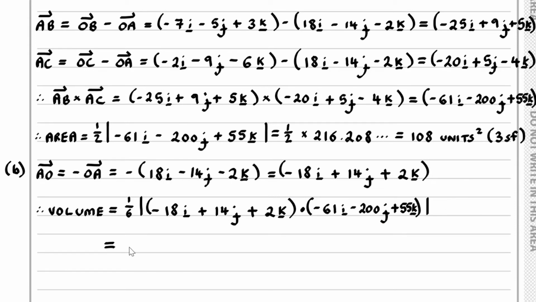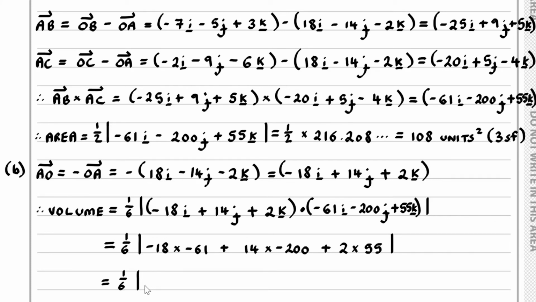So if we work this out, we've got 1/6 times the modulus of, well, here we've got minus 18 times minus 61, 14 times by minus 200, plus 2 times by 55, so we've got 1/6 lots of the mod of minus 1592.